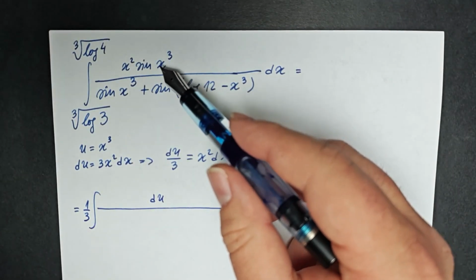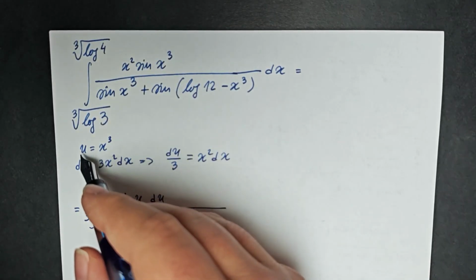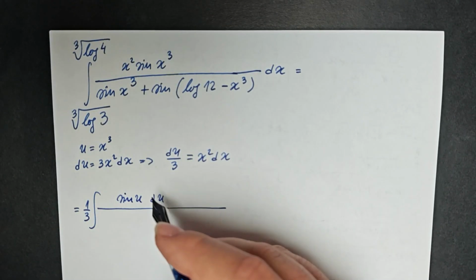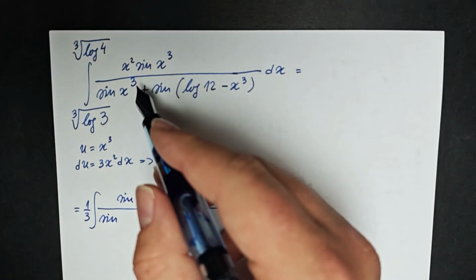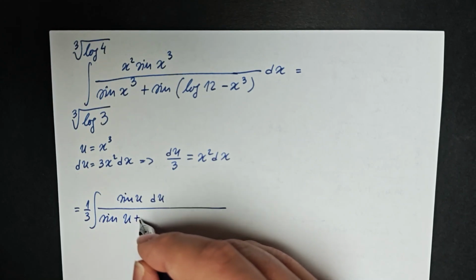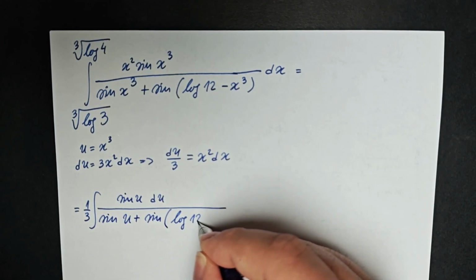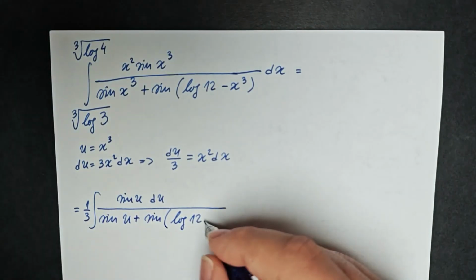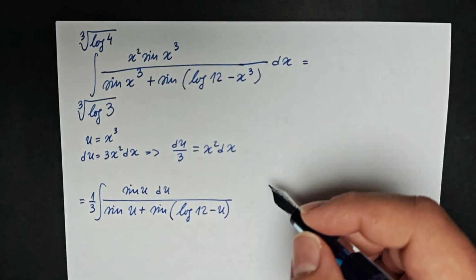Sine of x cubed is sine of u, as x cubed is equal to u by substitution, and we have in the denominator sine of x cubed, which is u, plus sine of the argument log of 12, which is a constant, minus u. What happens with the borders of this integral?